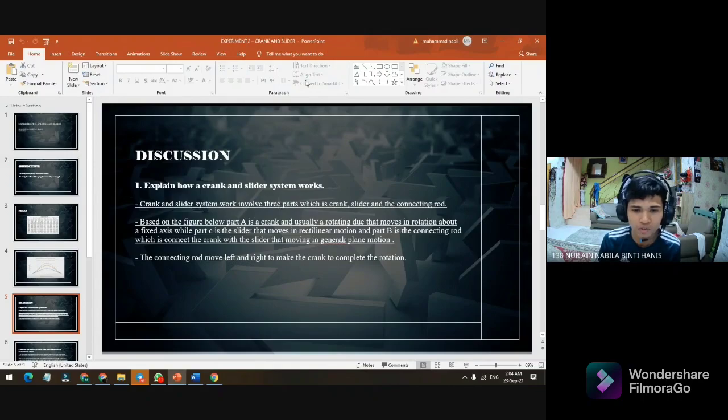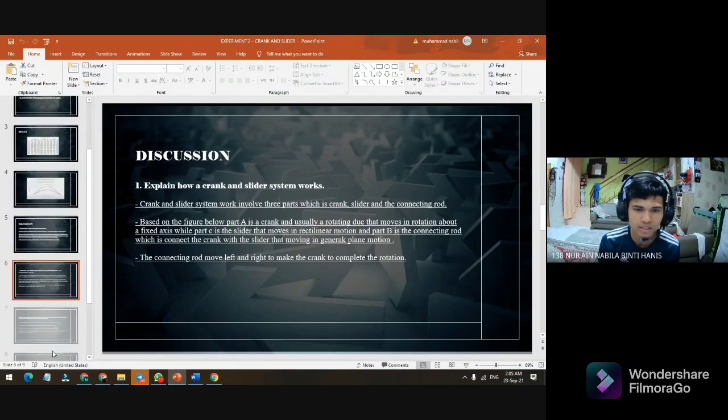Based on the figure below, part A is the crank, which rotates about a fixed axis, while part C is the slider that moves in rectilinear motion, and part B is the connecting rod, which connects the crank with the slider and moves in general plane motion. The connecting rod moves left and right to make the crank complete its rotation.